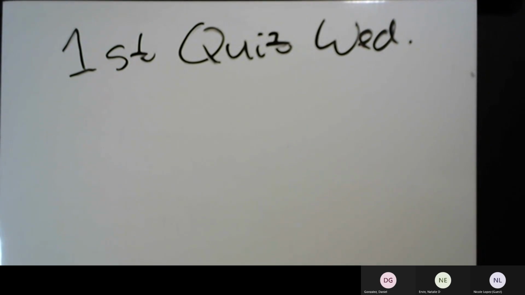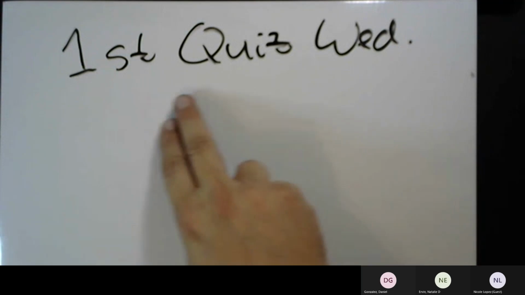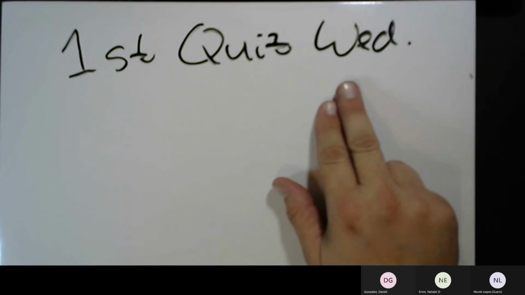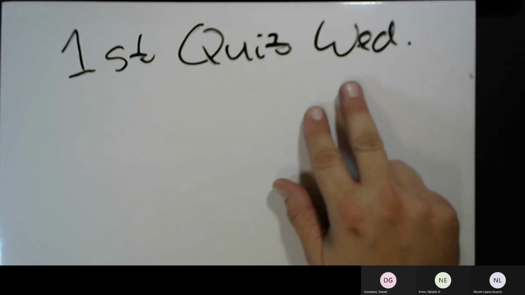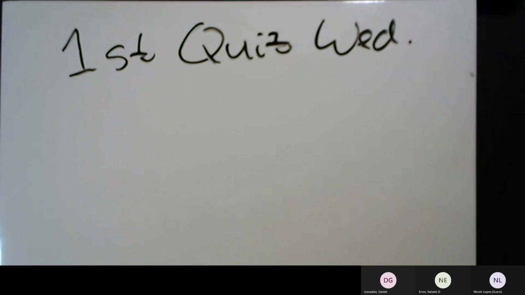I might do something with 4 problems, a couple problems to review what we went over today, and then a couple review problems from limits. I'll send out a little study guide: look at this example on this page, look at that example on that page. And if you know how to do the examples, you'll have all the skills necessary to do the quiz.